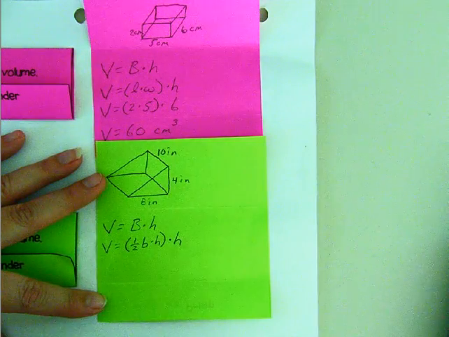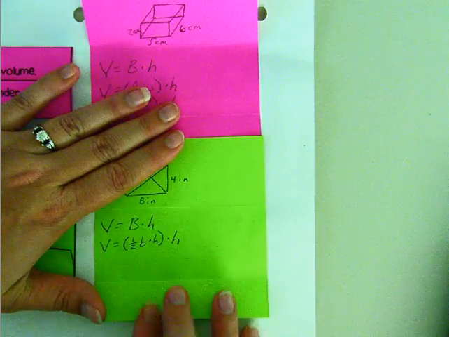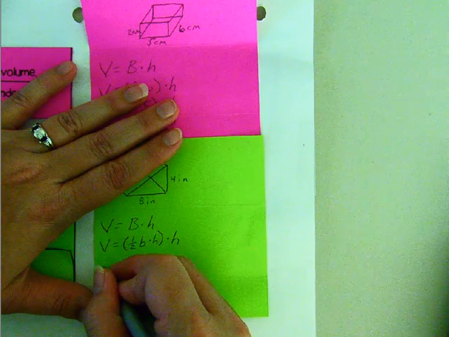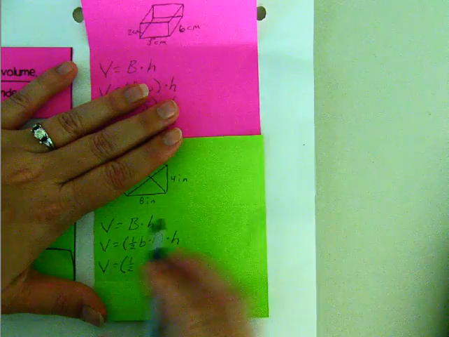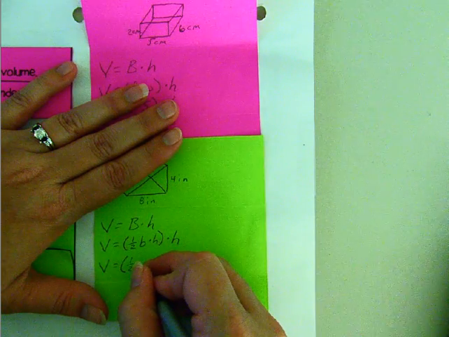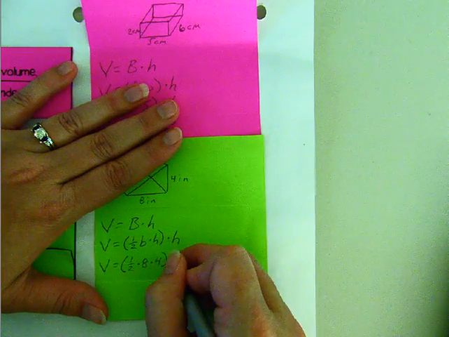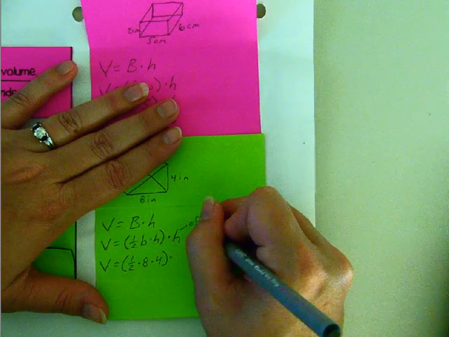So I know this one gets a little bit confusing, but we're going to look at our triangle first. So ignore the rest of it. We're just going to do the triangle. So we have volume equals 1/2. My base and height are my 8 and 4, times 8 times 4. Now we want, this is the height of the prism.